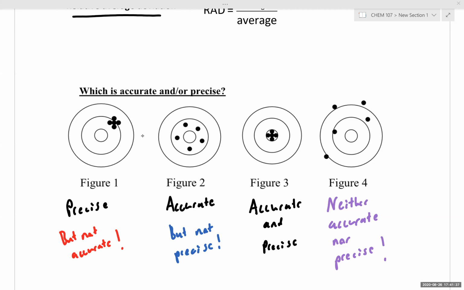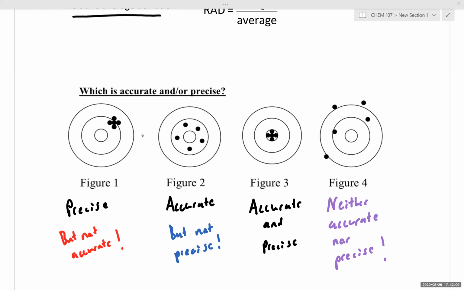Accuracy is a measure of how close your measured values are to the true value. Precision has to do with how close your measured values are to the average, how close your measured values are to each other. If your data points are closely clustered, if they have very similar values, your data set is precise. If your data points are widely spread apart, if they have varying values, then your data set is not very precise.